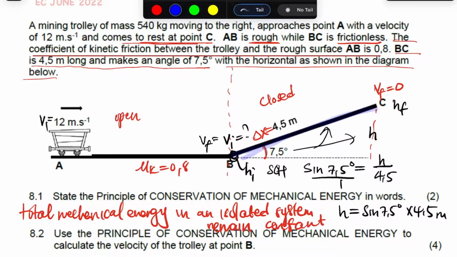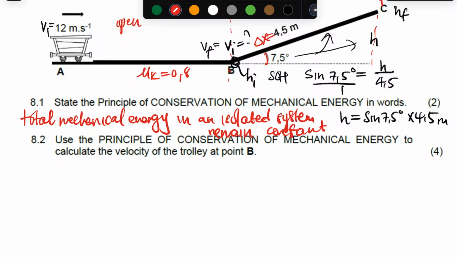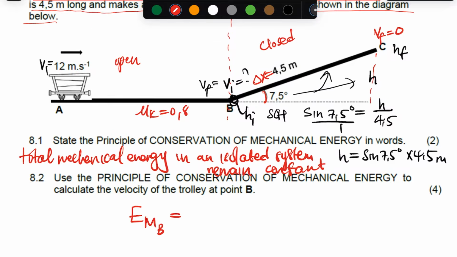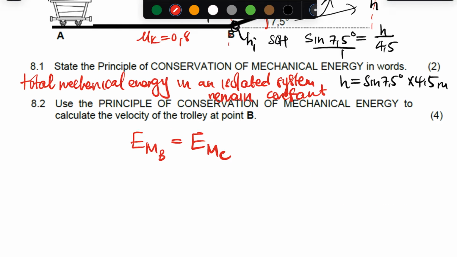We can only use it when it's closed. So let's do it. The mechanical energy at B is equal to the mechanical energy at C, because the system is closed.